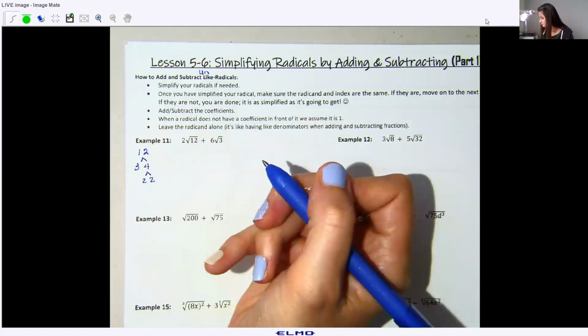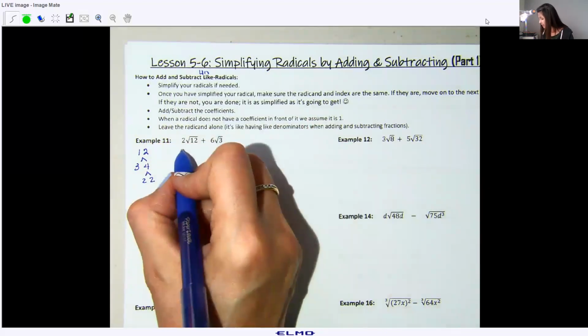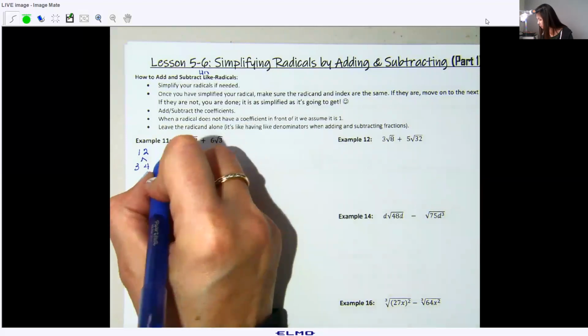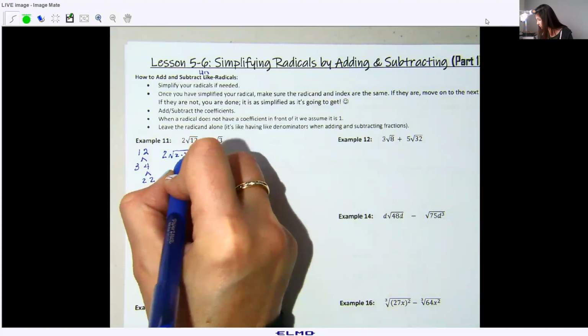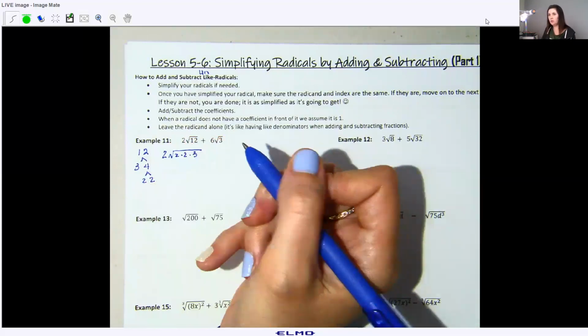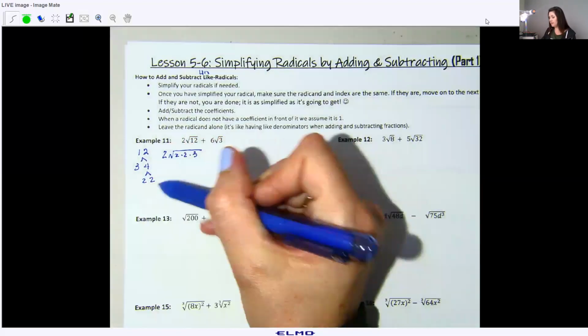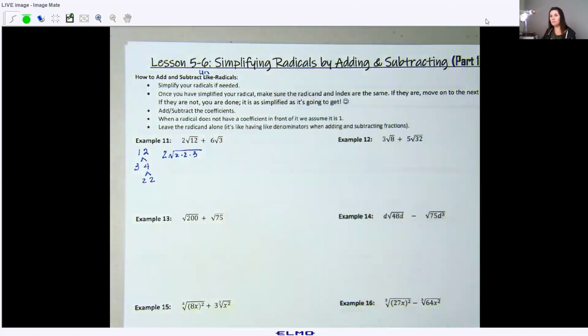Now I have 2 square root of 2 times 2 times 3. So I just took these factors of the 12 and I put them underneath the radical symbol.